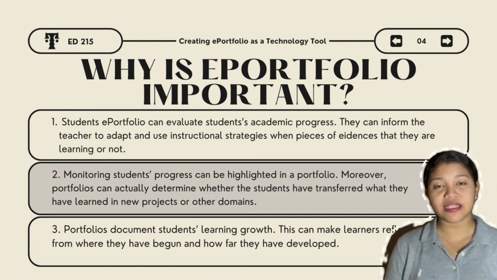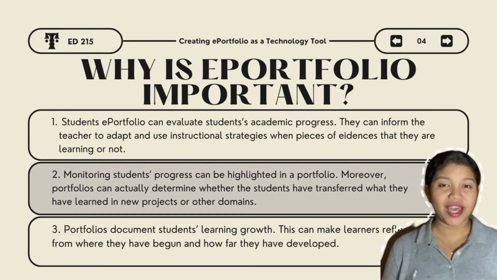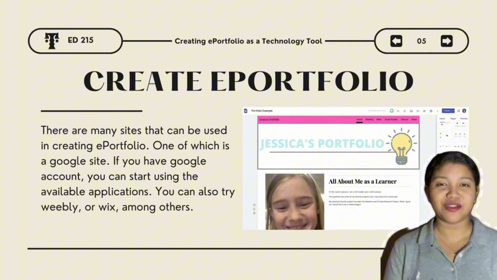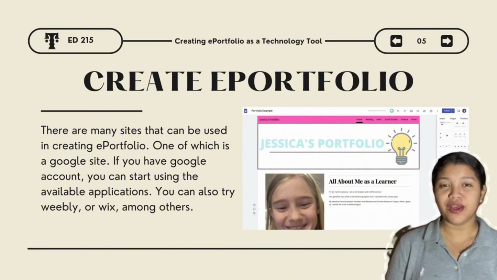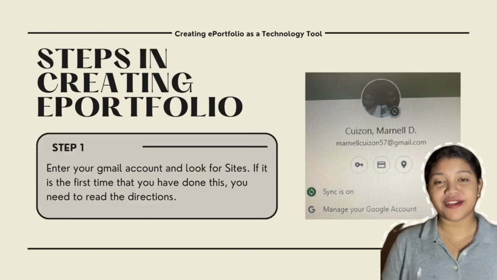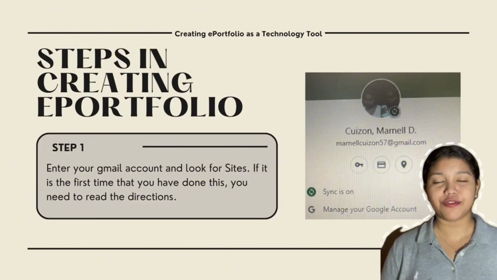So let us now move on. Do you guys know how to create an e-portfolio? If yes, then good for you, and if no, you don't have to worry because I'm going to teach you how. So for the first step of creating an e-portfolio, you're going to go to Chrome and log in to your Gmail.